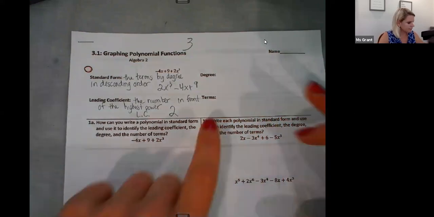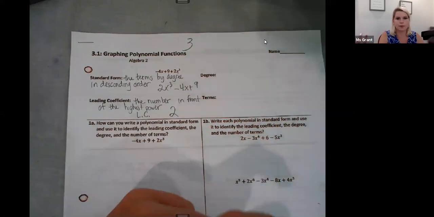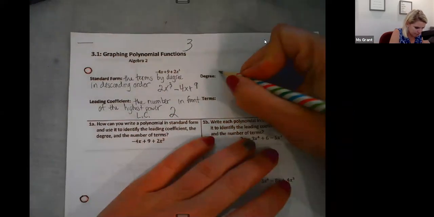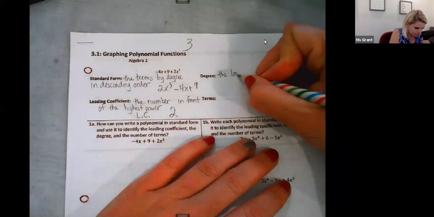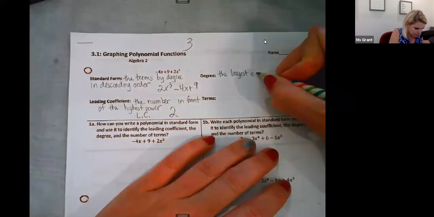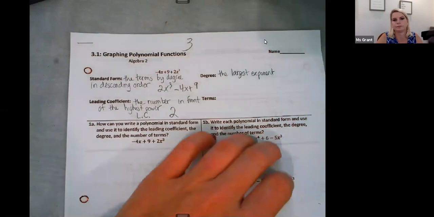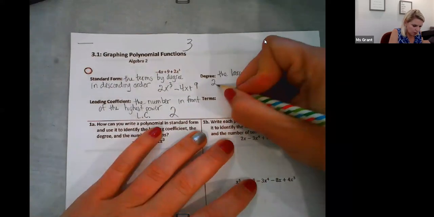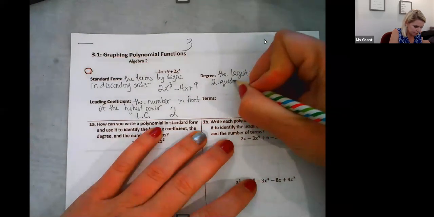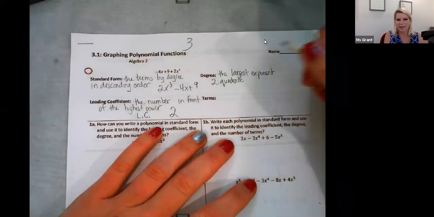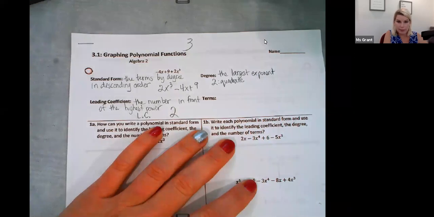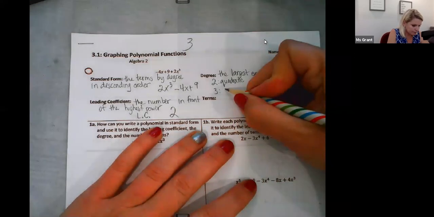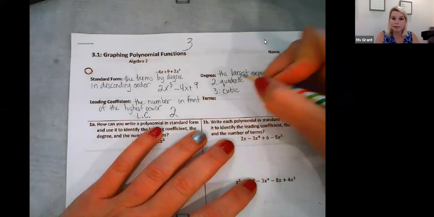The degree means what's the exponent? What's the power? The largest exponent. So if there's a 2, that's a quadratic. And we know we say squared, right? If it's a 3, that's a cubic degree, but we say cubed.